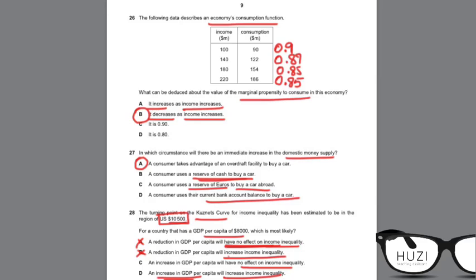An increase in GDP per capita will increase income inequality. I think so, yes. It's either D or it shouldn't be C, because either way there will be an effect on income inequality as GDP rises. So I think it should be D. I'm still confused about this, so I'll most likely make a separate video for this one as well.